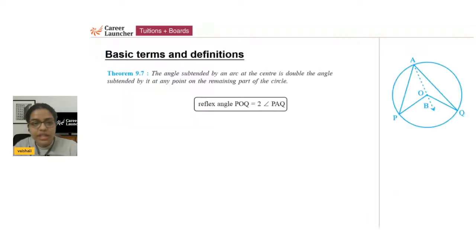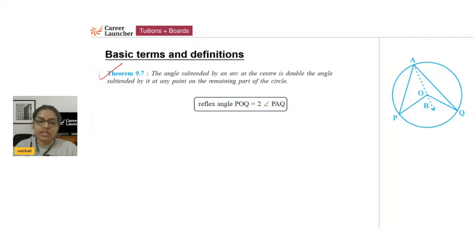Yes. So let us look at the basic terms and definitions which are important for the next exercise. The first one says that the angle subtended by an arc at the center is double the angle subtended at any point on the remaining part of the circle.